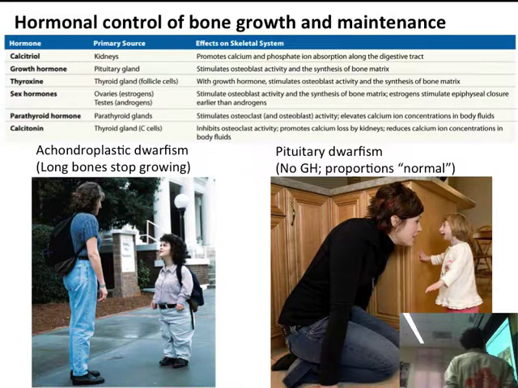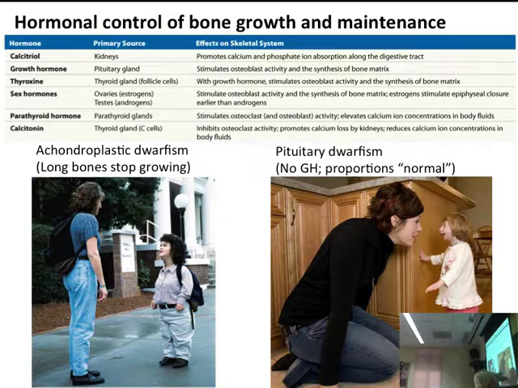All of this is controlled by the endocrine system, which maybe we'll talk about later in the semester. Here's a list of all the hormones that are involved: the calcitriol, the growth hormone, various sex hormones, the parathyroid hormone, calcitonin. We'll talk about parathyroid hormone and calcitriol and calcitonin in a moment.